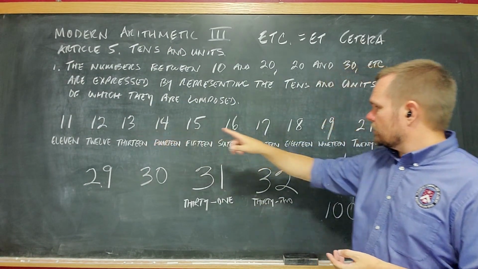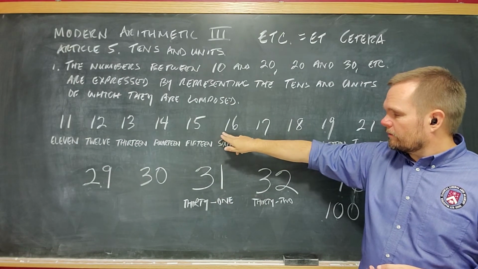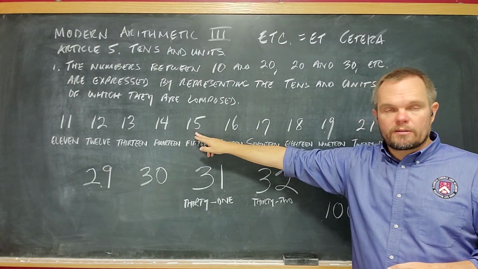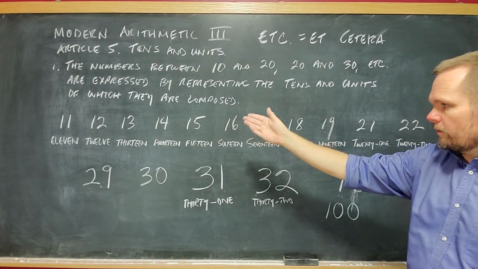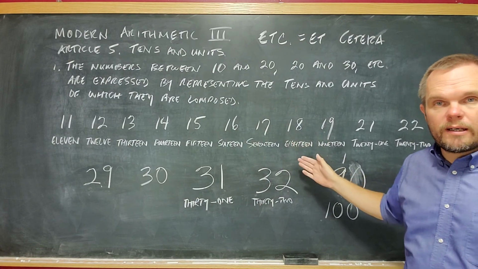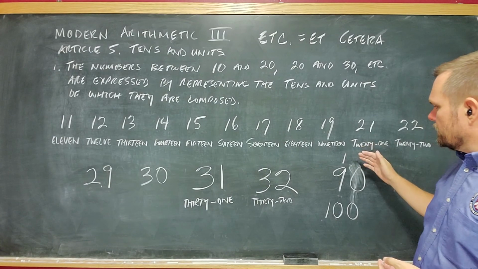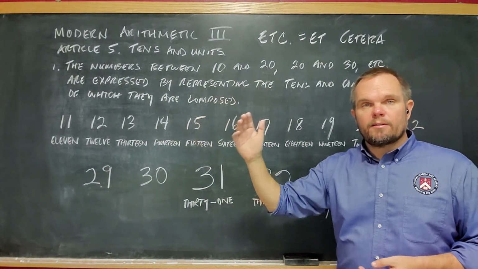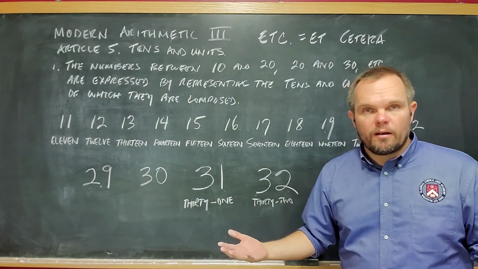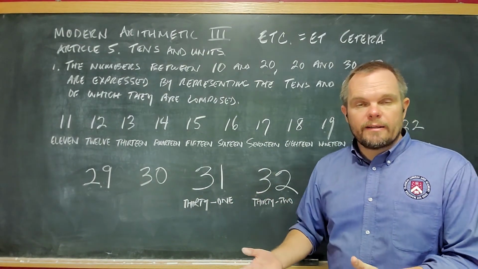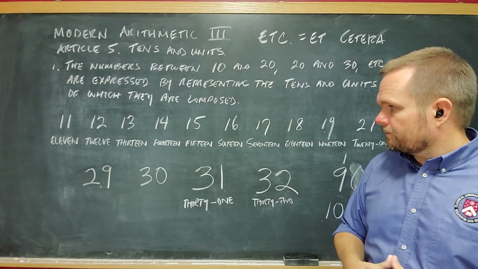For 11 to 19, we learned that we simply write the number of tens and the number of units, but these numbers in English have special names, 11, 12, 13, and so on, and you need to memorize those names and how to spell them. But once we get to 20 and go past 20 to 21, 22, we simply say the name of the tens and add the name of the units all the way up to 99.